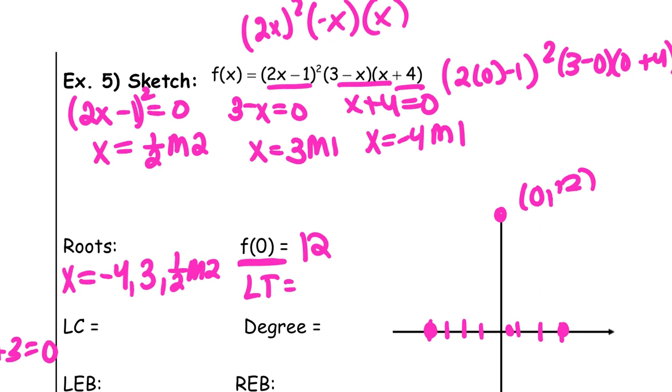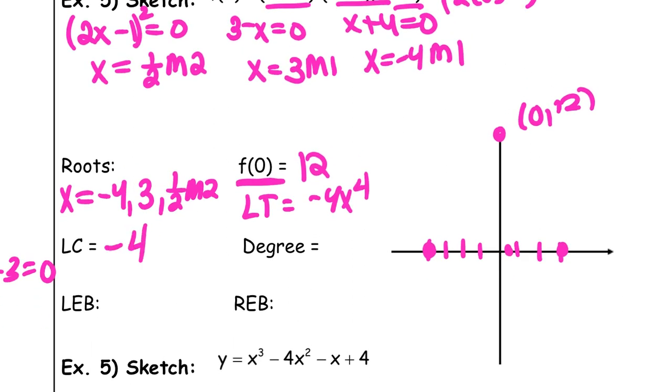Is it a negative? Yeah. -4x to the 4th? Yeah. Okay, so what's my leading coefficient? Since my leading coefficient is negative, what's my right end behavior? Since my degree is even, what is my left end behavior?